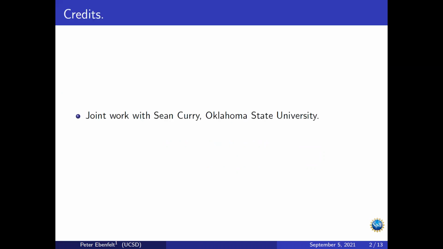So first things first, I should report that this is joint work with Sean Curry. I guess it's a total of maybe 3 papers that I will partially cover today, but the new results come from our latest paper.